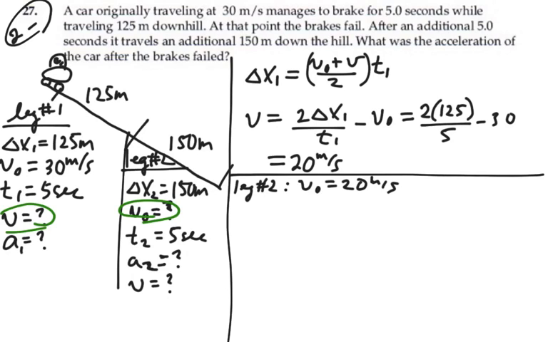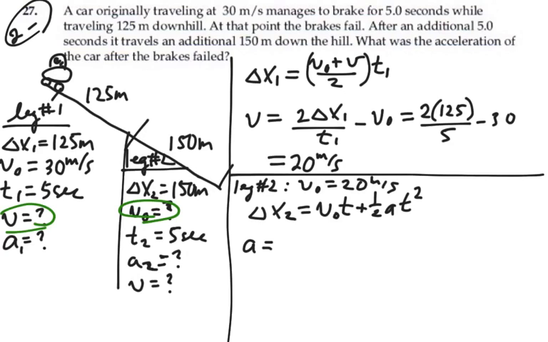So now we can look at leg number 2 with initial velocity. We know the displacement, we know the time. We want to find acceleration. So we're going to use this. Our displacement for leg 2 is equal to our initial velocity times time plus 1/2 acceleration times time squared. Solve this for acceleration. So we would have, let's see, subtract v naught t from both sides, then multiply by 2 and divide by t squared.